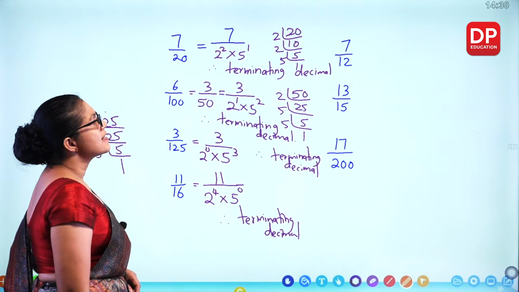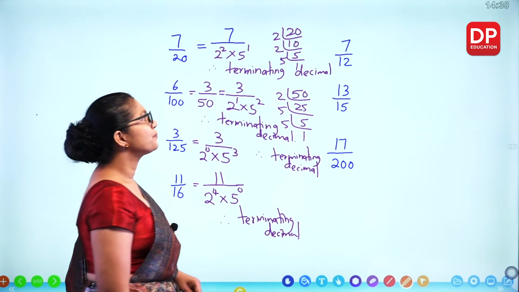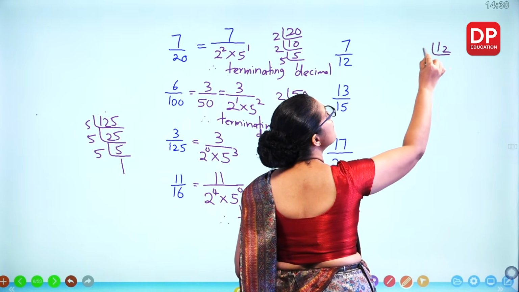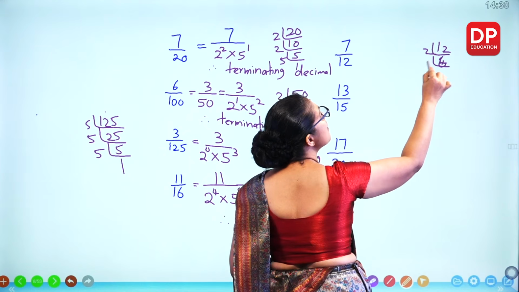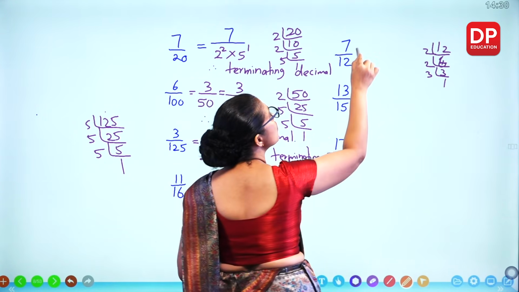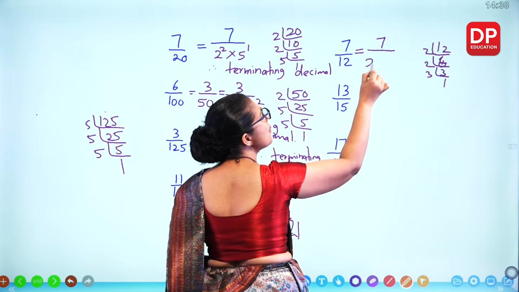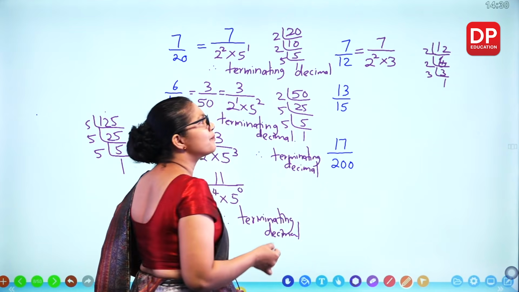Now check 7 over 12. Can we write in this form? 12, how can we write 12? 12 divided by 2, you get 6. Divide by 2, you get 3. Divide by 3, you get 1. So how can I write 12? I can write 2 to the power 2 and you get 3.